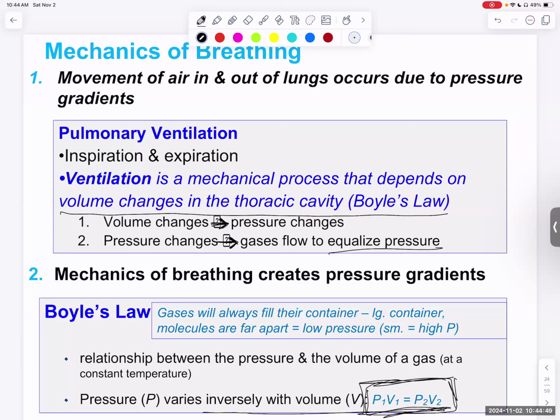Meaning, I'm going to explain it physiologically. That is to say, if the volume increases, then the pressure is going to decrease. If the volume decreases, then the pressure is going to increase so they can stay equal. So inverse means if one goes up, the other goes down.